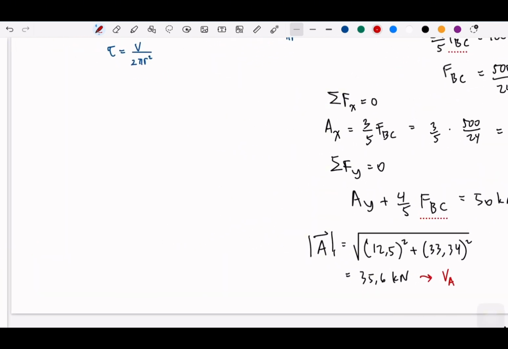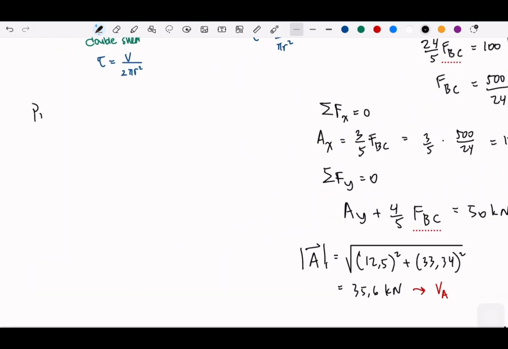So we can write the pin at A here. The pin at A is going to be tau A equal VA divided by 2 pi r squared, since both of them have the same diameter, 20 millimeter.